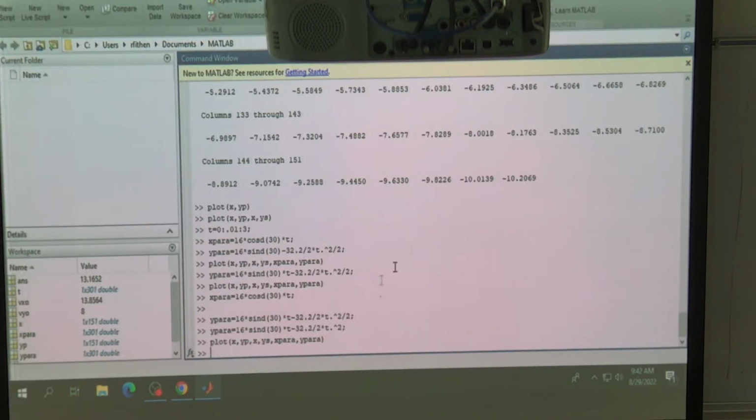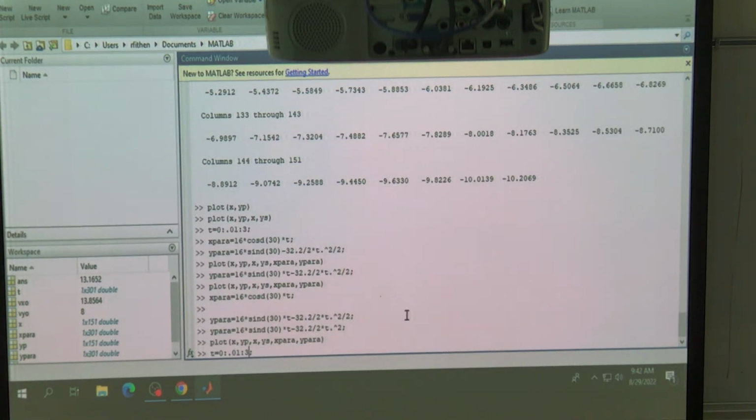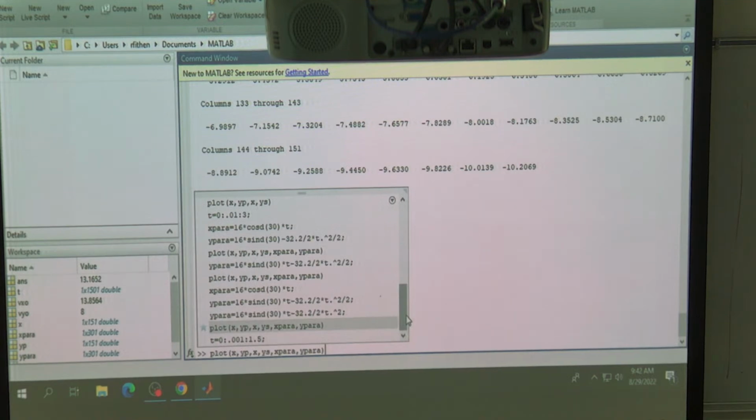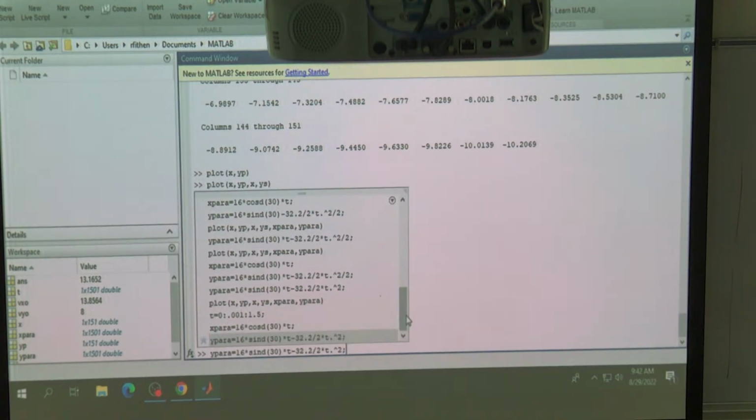I can go in and say, first thing I'll do is I'll take my t to 1.5 seconds, but then I'm going to put a whole pile of values in there. And I'm going to do my x parametric, y parametric, and then plot again.